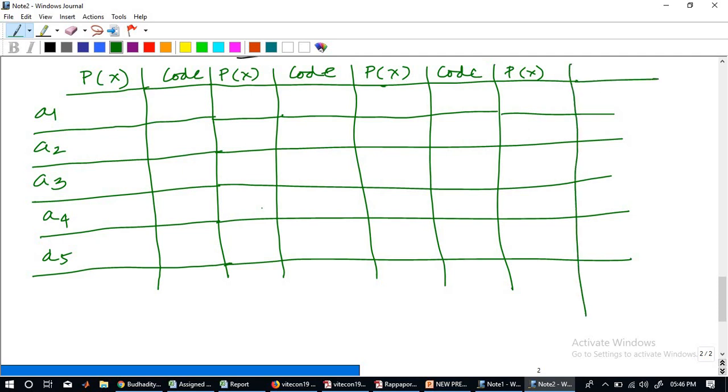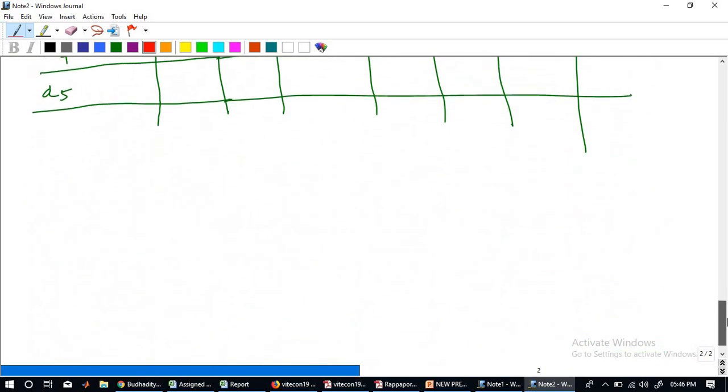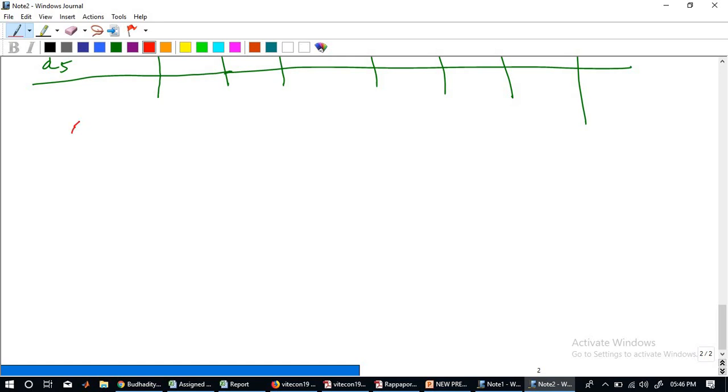Ready with the solution? Okay, first thing first, give me the probabilities of A1, A2, A3, A4, A5. So probability of A1, 0.3.